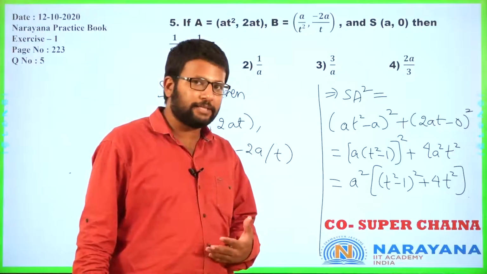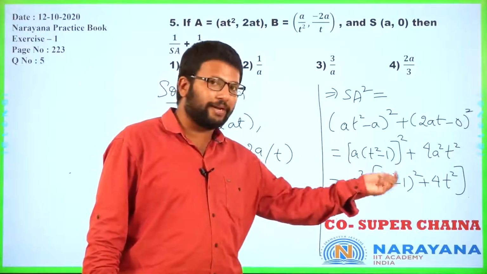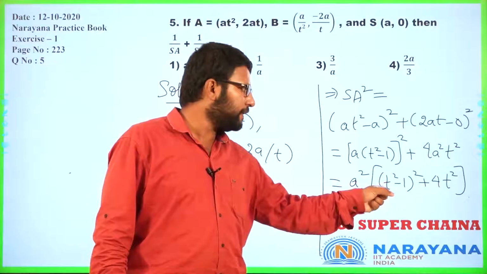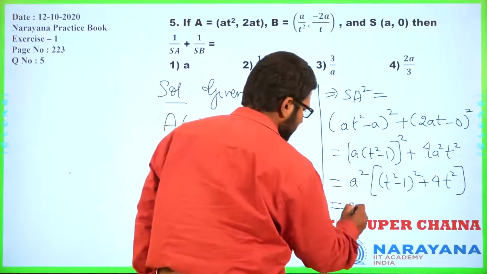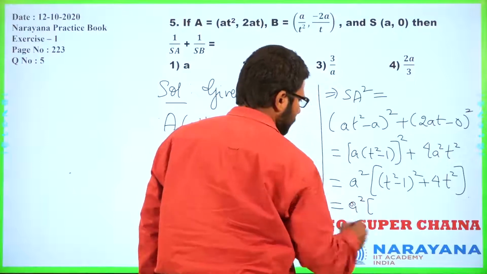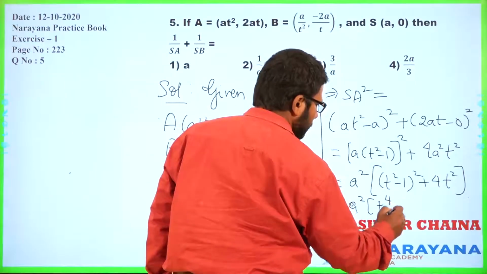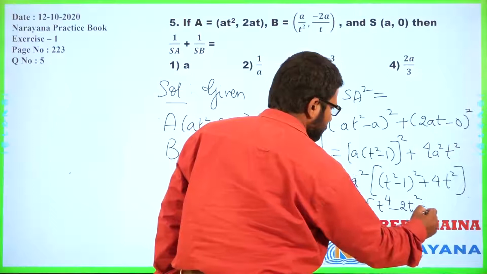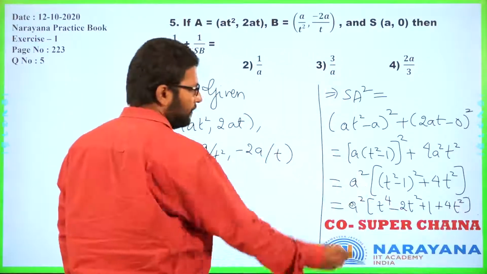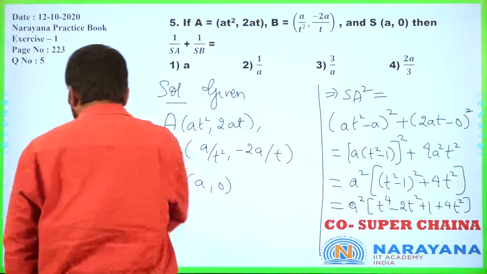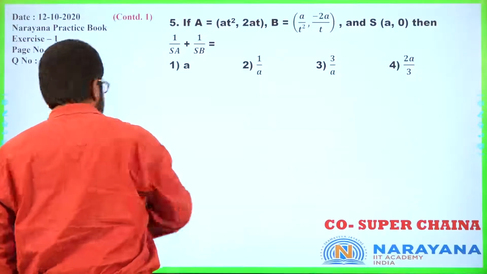What should that give us? That will give us sum of the root square. In this case, it will be (t² + 1) the whole square. How is that exactly? Check. a square into t to the power 4 minus 2t² plus 1 plus 4t², right? And minus 2t² plus 4t² will give you plus 2t².